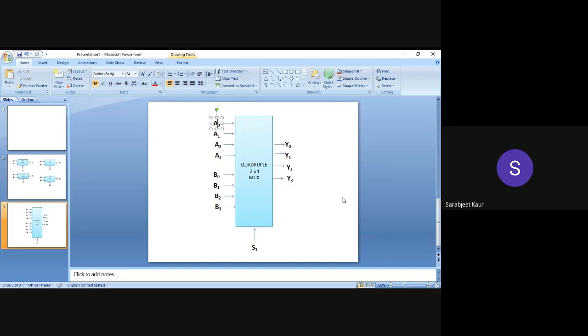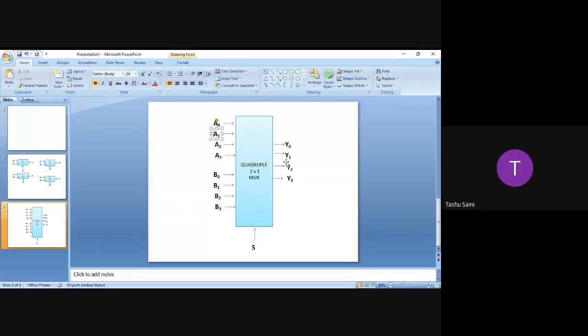If the first multiplexer was selected and the select line had the input 0, then A0 would have passed on to Y0, right? And what happens when I put S is equal to 0 in the second multiplexer? A1 should have been passed to Y1.